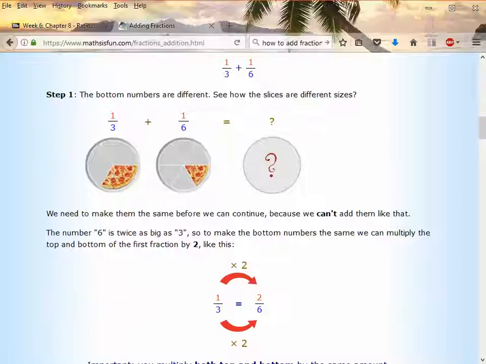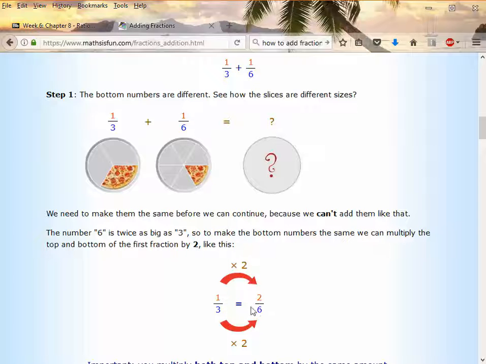If you have different denominators, you need to find a common denominator first. The easiest way to do that is to figure out the factors of each one. 3 is as simple as it gets, but 6 is 2 times 3, which means that if we multiply the first fraction by 2, both the numerator and the denominator, we can change it to an equivalent fraction.